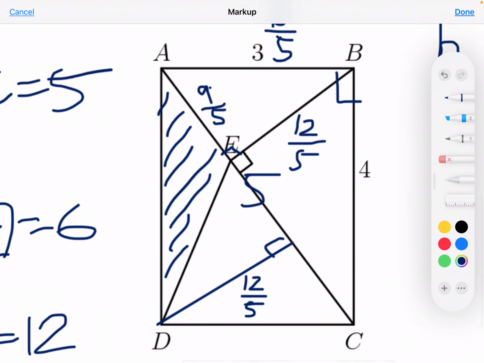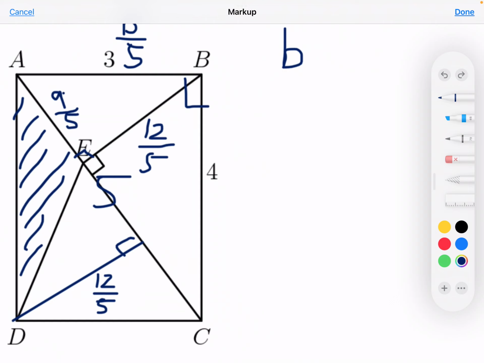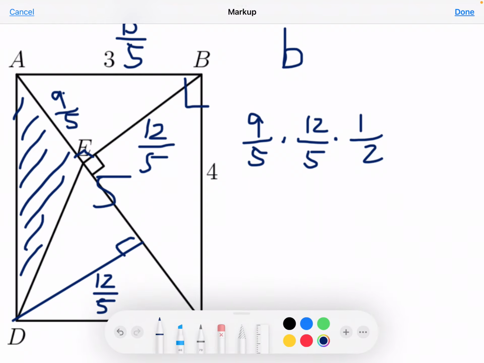So we have this base and this height. Now we just have to solve for the area: 9/5 base times 12/5 the height, times 1/2 because it is a triangle.